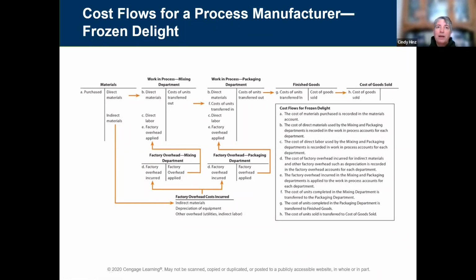The next step in my process, I said, was the forming department. In the forming department, are we adding more direct materials? Probably not. The dough's already ready, right? The dough was prepared in the mixing department. So we're not adding more direct materials likely in the forming department. We may have some supplies.